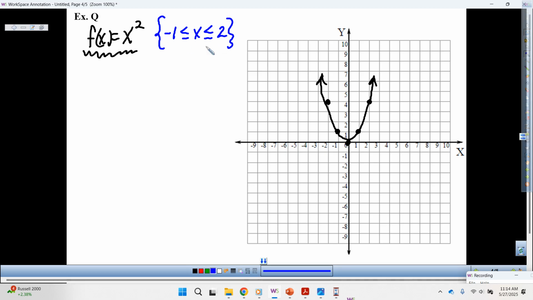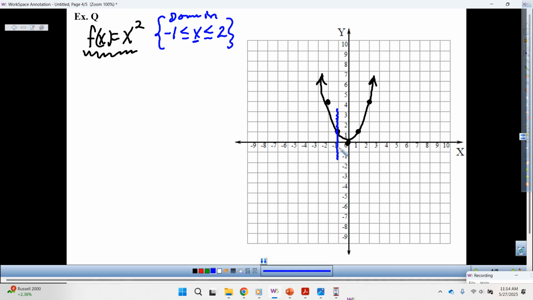What x values, tell your neighbor, between what x values do you want to see only? What x values? Elijah, from what x values? From -1 all the way to 2, because there's the x. That means this is known as the domain. So, let's go to -1 of x. -1 is right here. So, I'm going to do a little highlight going this way.